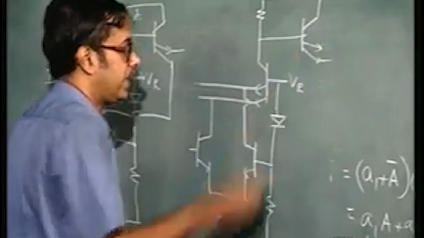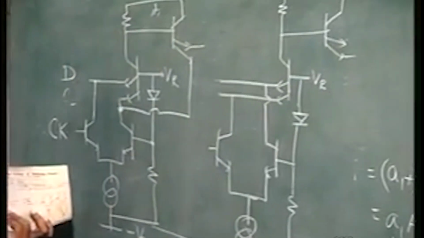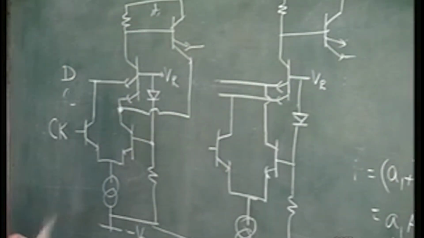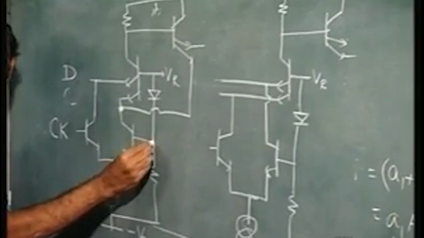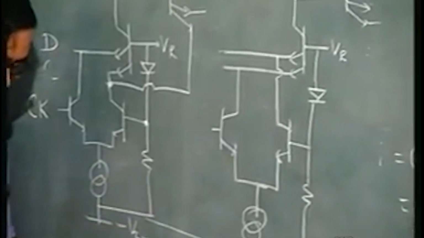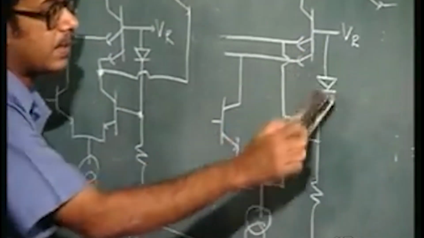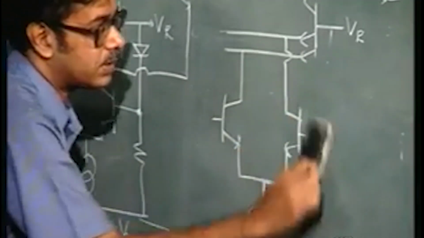You have a similar gate, but what is the only difference? That the clock is going to be inverted. So, this VR for this first gate, I think what I should do now is remove this.